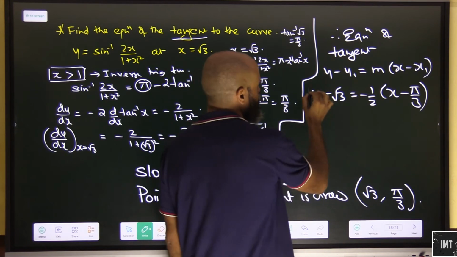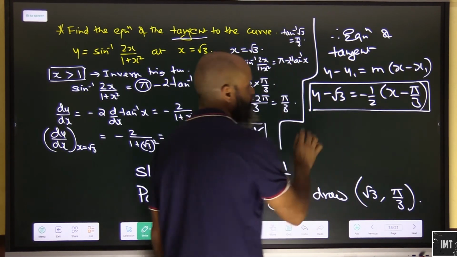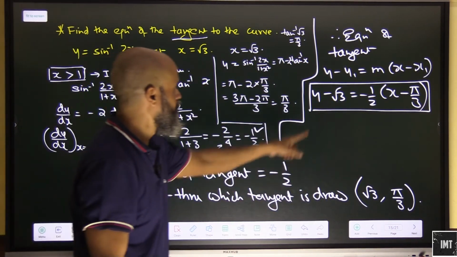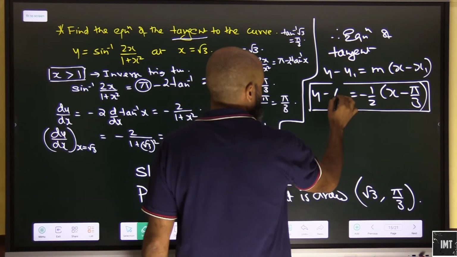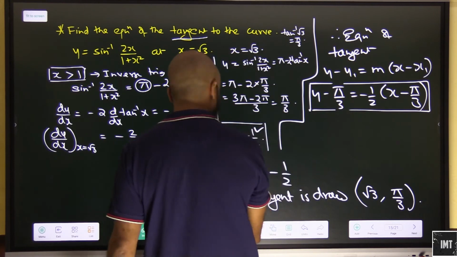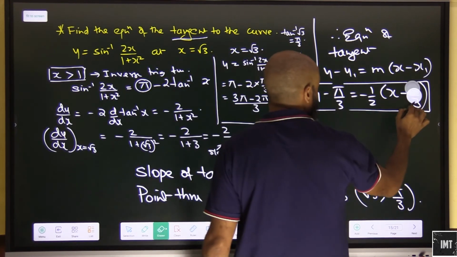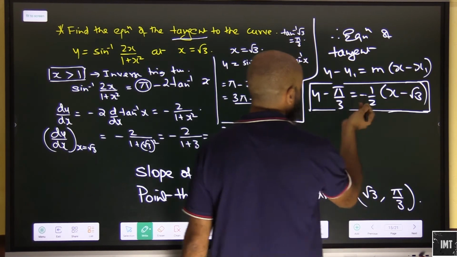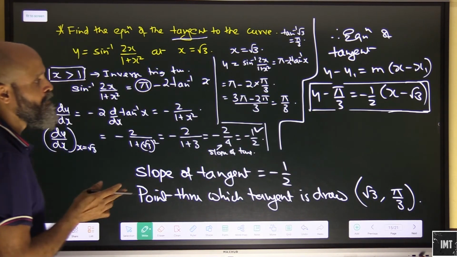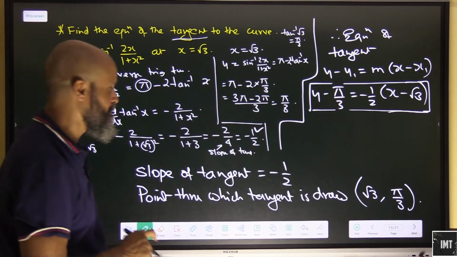This can be altered into whatever form we need to write it in. So y minus pi by 3 is equal to minus half into x minus under root 3. That's going to be the equation of the tangent.